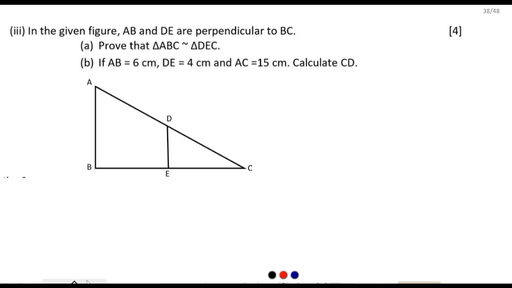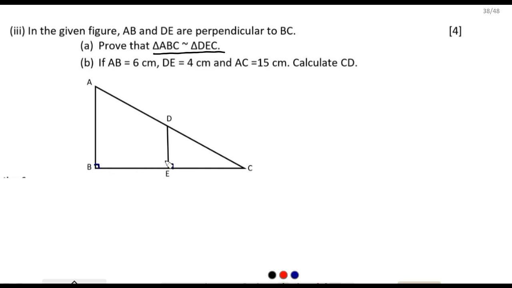Third part, figure हमें given है. AB and DE are perpendicular to BC. Prove that triangle ABC is similar to triangle DEC. Look at these two triangles. Angle B is 90 degree and angle E is 90 degree.